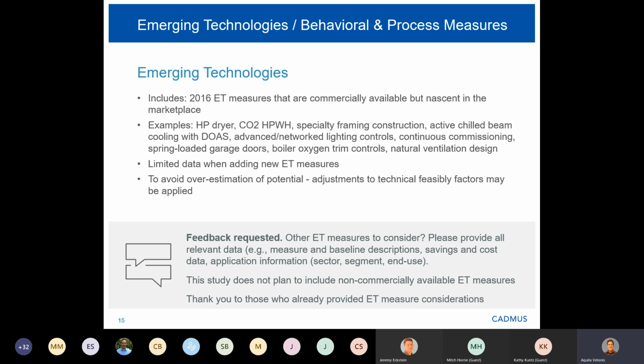We also want to avoid overestimating the potential because not all of the emerging technologies may be completely accepted in the marketplace in the time horizon of the study. So we want to either apply technical feasibility factors or account for this in our ramp rates. We just want to make sure we don't overestimate the potential for some of these new measures that aren't completely accepted yet in the marketplace, or where the cost may just be too high.